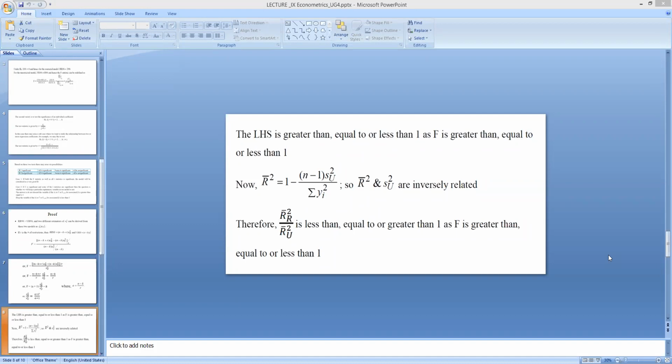Finally, the third point: RR bar square is greater than RU bar square if F is less than 1.